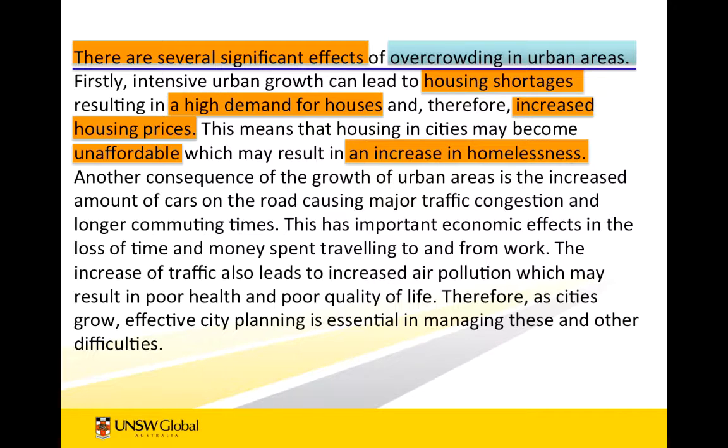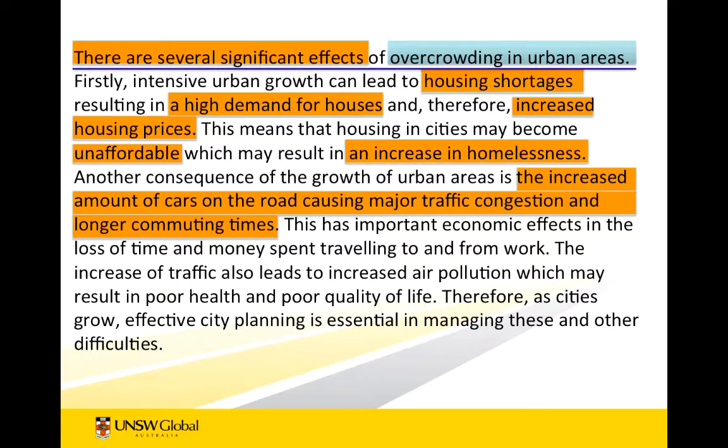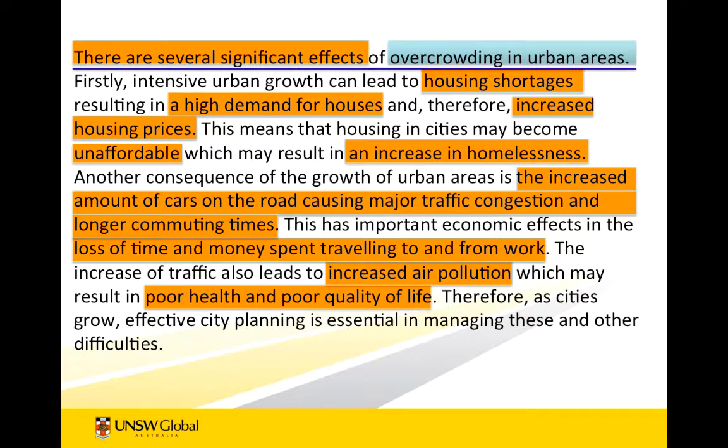However, the writer continues on with effects, but this time they are related to traffic. Firstly, more major traffic congestion and commuting times is noted as an effect. Secondly are these economic costs or effects. Also, the author notes increased air pollution and poor health and poor life quality as effects of this increased traffic.